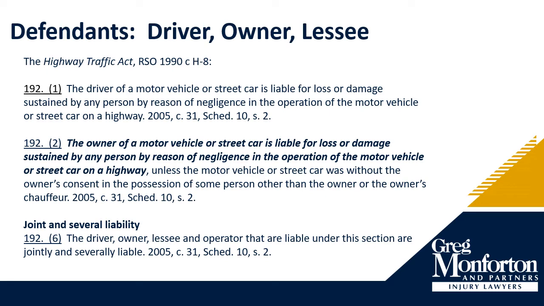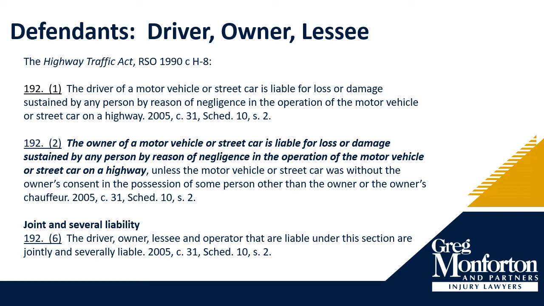So just as a refresher, the Highway Traffic Act indicates in section 192, subsection 1, that the driver of a motor vehicle is liable for loss or damage sustained. And then subsection 2, which I've highlighted in bold, indicates that the owner is liable for loss or damage sustained by any person by reason of negligence in the operation of the motor vehicle.